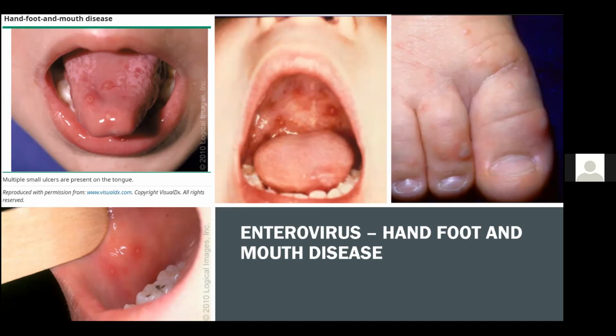The skin lesions, on the other hand, which can also occur without the mouth lesions, are usually non-pruritic and non-tender, and they may be macular-papular, or vesicular, and they can involve the hands, feet, and the buttocks, particularly in infants and young children, and even the legs and arms.